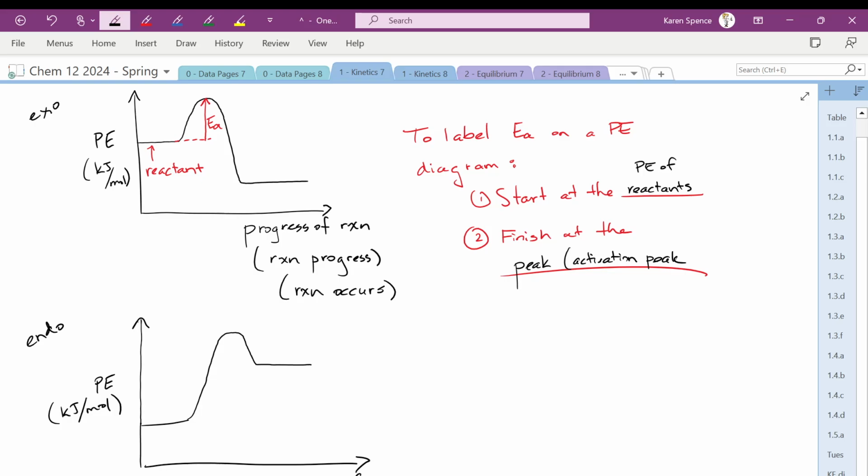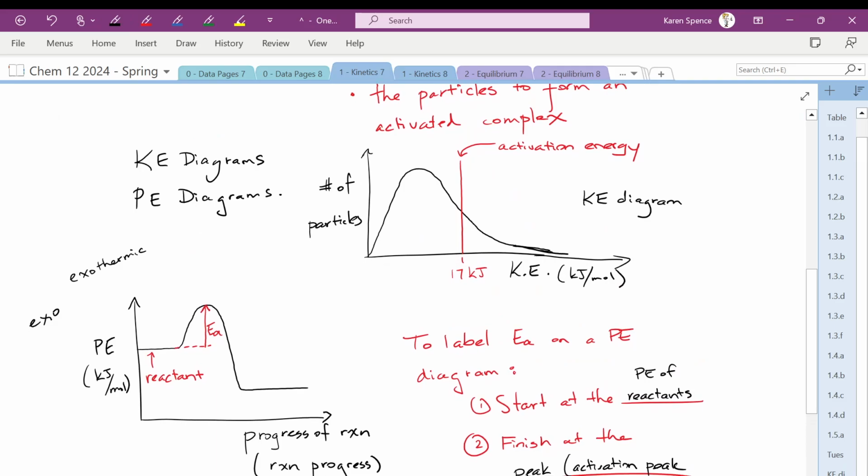Now, if I want to compare my kinetic energy diagram with my potential energy diagram, I am going to have to turn my kinetic energy diagram on its side, because right now kinetic energy is horizontal. And wouldn't it be nice if it were vertical? Yes?